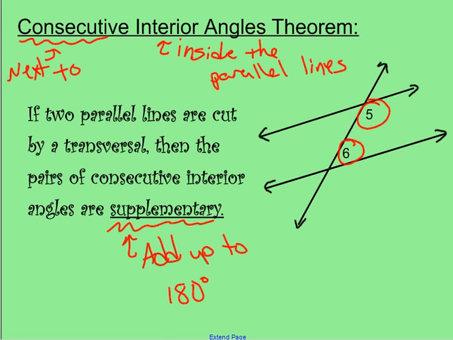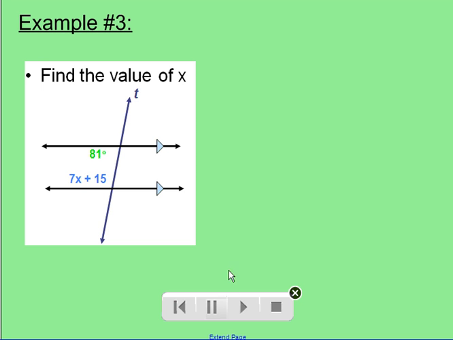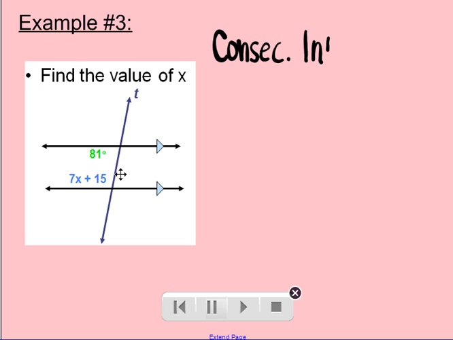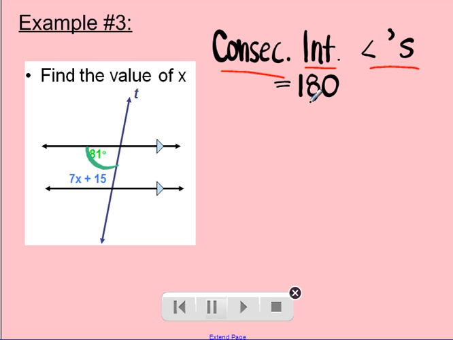Once again, let's work through an example. We have here our parallel lines cut by a transversal. We have two angles that are on the same side of the transversal, and they are inside the parallel lines. So it is consecutive interior angles, and we know that they have to equal 180 degrees.